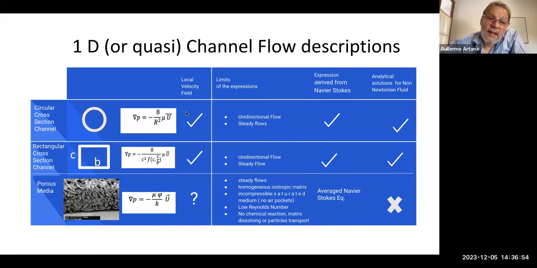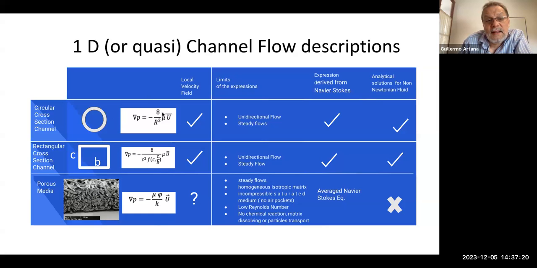So when you are in this situation, you have an expression, but knowing the local velocity field in this kind of matrix is not possible, because this equation is derived from the averaged Navier-Stokes equation.